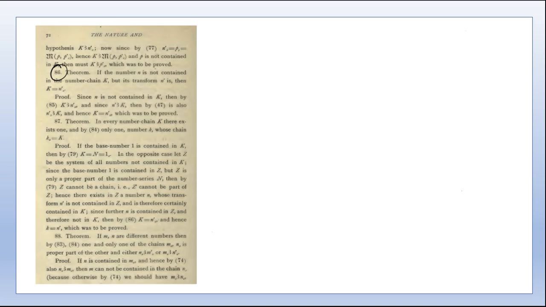If the base number 1 is contained in K, then by 79, n is the only number chain containing the base number 1, so it follows that K is equal to n, which of course is equal to the number chain corresponding to 1.